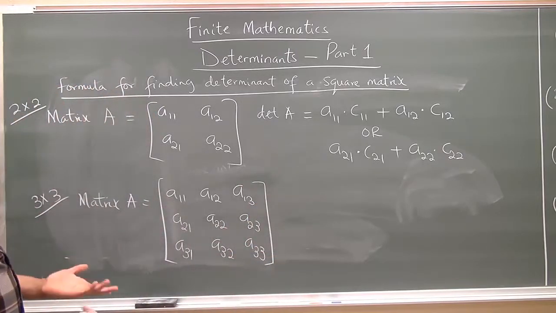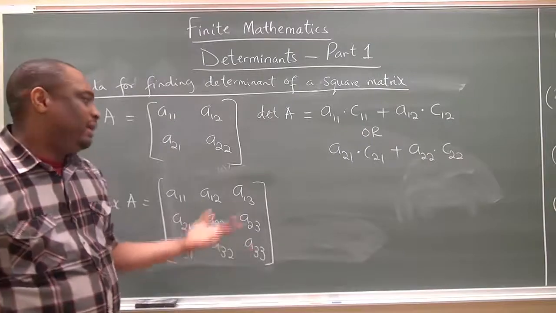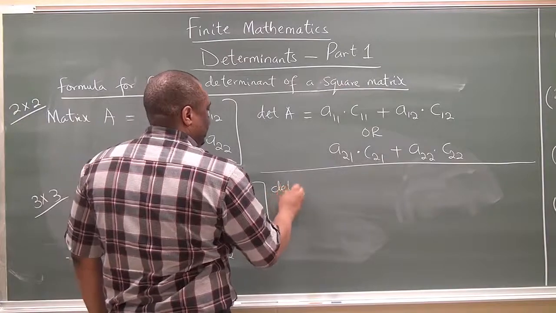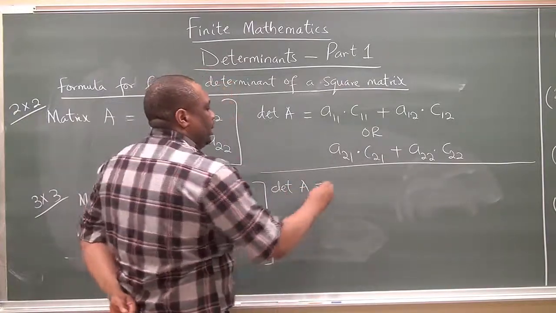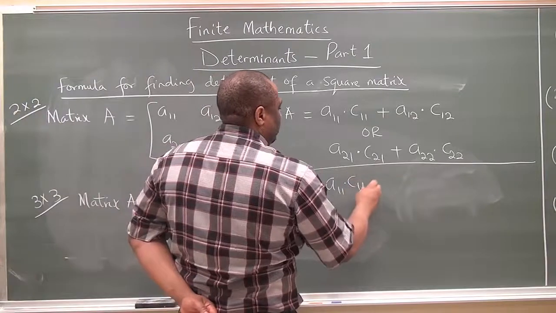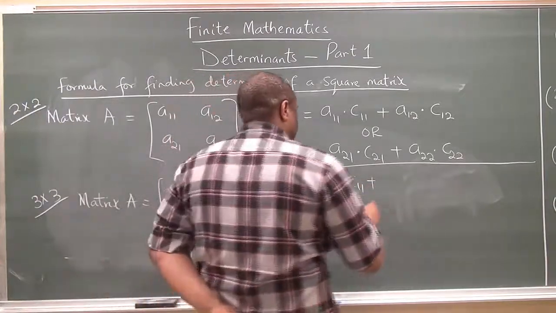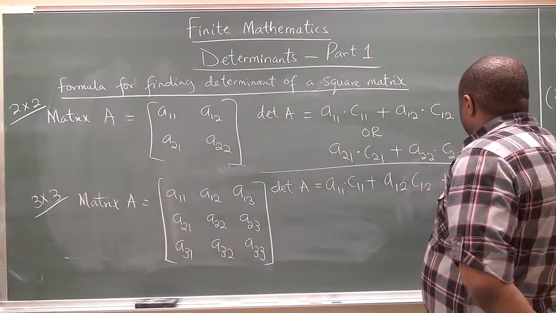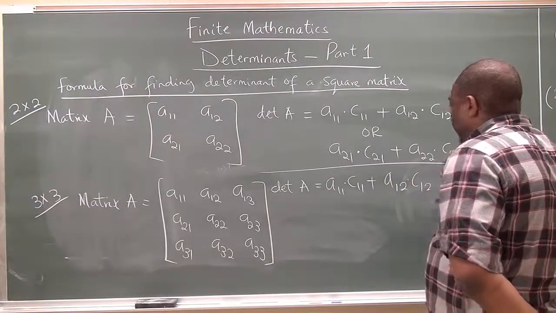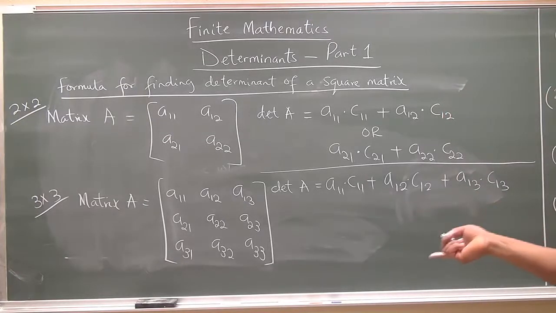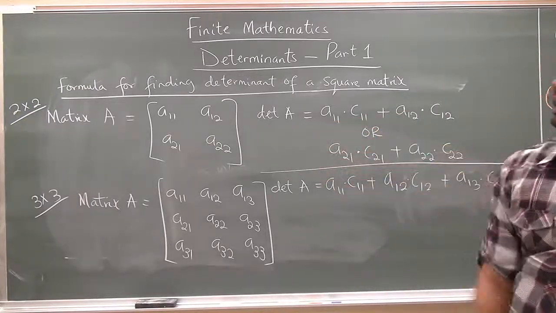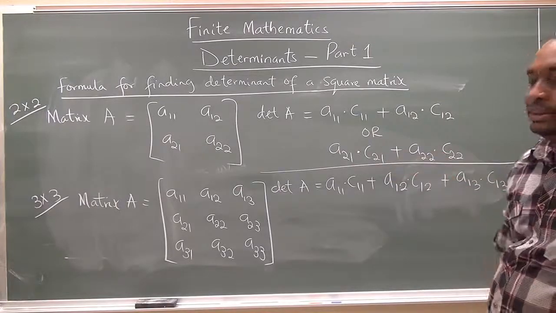Then the determinant of this matrix, determinant A will be A11 times C11 plus A12 times C12 plus A13 times C13. It could be any of these. If you're using the first row, just like in a 2 by 2 matrix, then you use this. If you're using the second row, you use this. It does not matter.